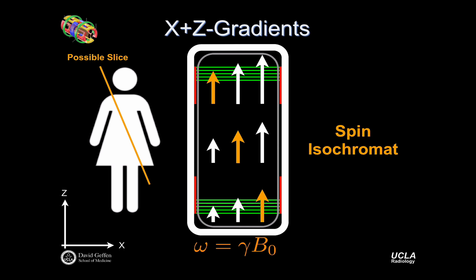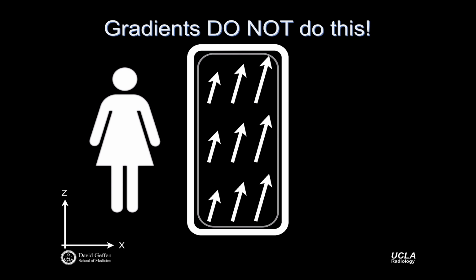There are other tricks you can play with the gradients as well. And ultimately, it's a combination of the RF pulse that you've used and the gradients that you've chosen to apply that will dictate which slice you select. This is important, because I thought this when I was first learning MR. Now it's wrong.